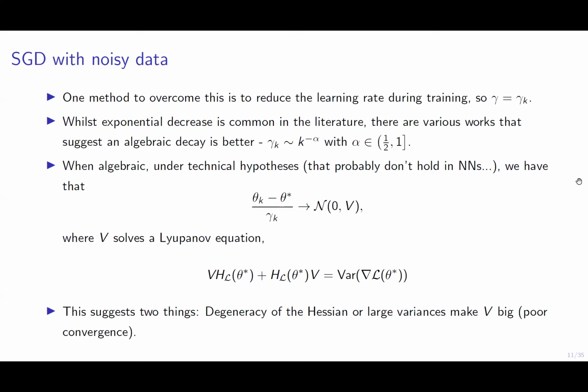So decaying the learning rate is something very common, but it's also something very delicate. The idea is that we now take this number to depend on the iterate we're in. You can either do this by prescribing it from the start, or you can try to do this in an informed way based on what's happening during your optimization loop, but the idea is that you want it to go down.